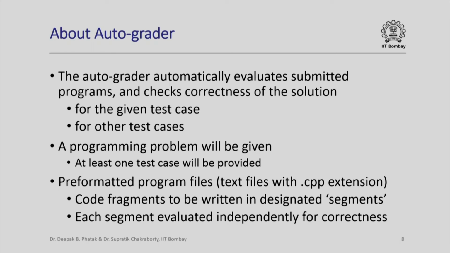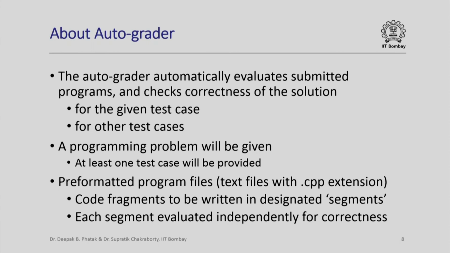For the autograder exercises every week, a programming problem will be given, and at least one test case will be provided. There will be pre-formatted program files, which are essentially text files or .cpp files. There will be code fragments very well laid out and identified, and in those places you have to write your code in designated segments.